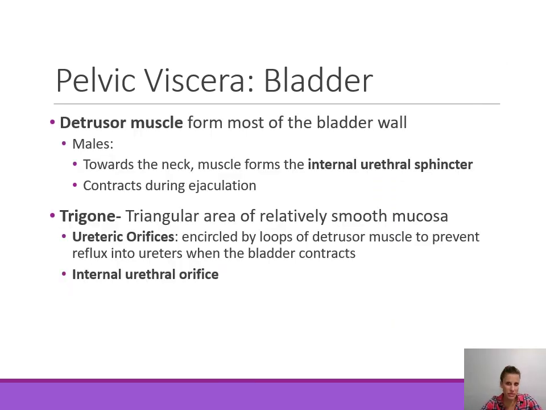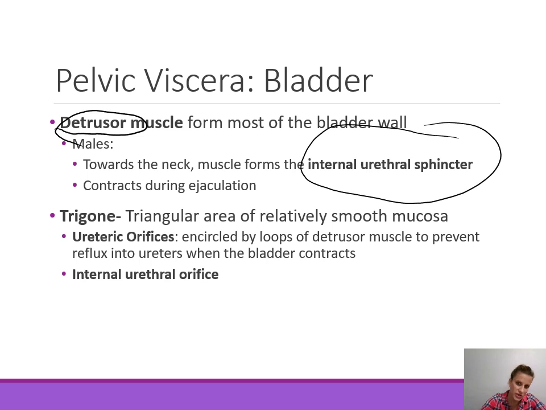The wall of the bladder is formed mostly by the layer of muscle that's referred to as the detrusor muscle. So most of the bladder wall is the detrusor muscle. Towards the neck of the bladder, the detrusor muscle forms the internal urethral sphincter.